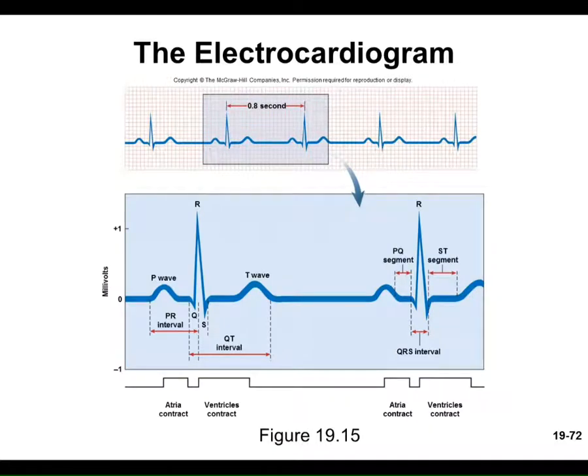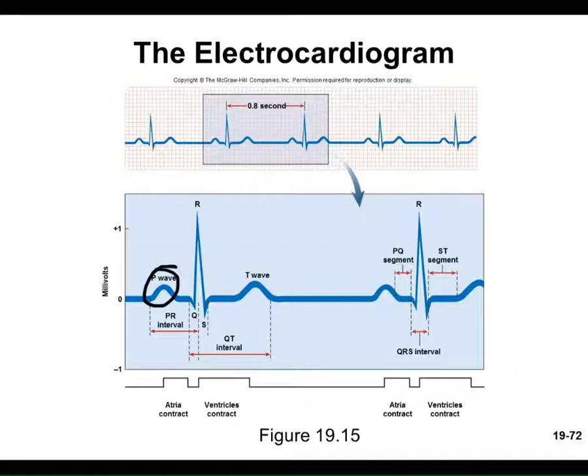So I'm going to point to a portion of the wave, and I want you to tell me what's going on. So P wave. Popcorn out, what's going on? P wave. What's firing? SA node. As soon as the SA node fires, the atrial cells will begin to depolarize. And even though the P wave is quick and goes up and comes back down, the atria will continue to be in a contractile phase until when?